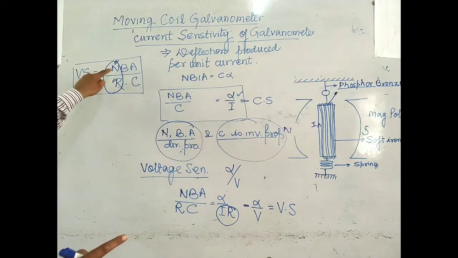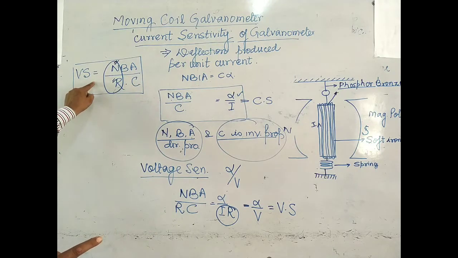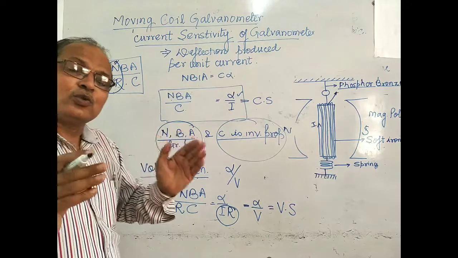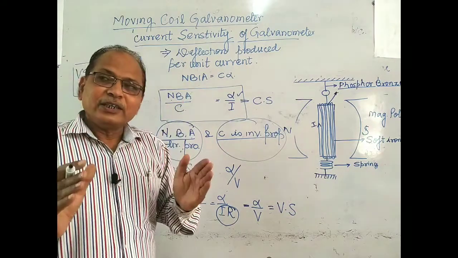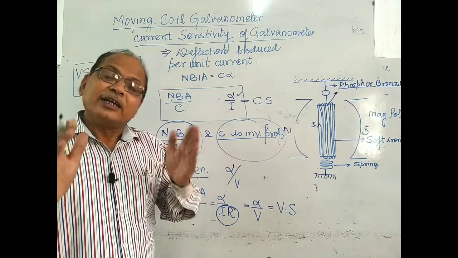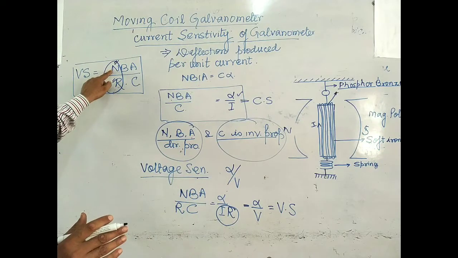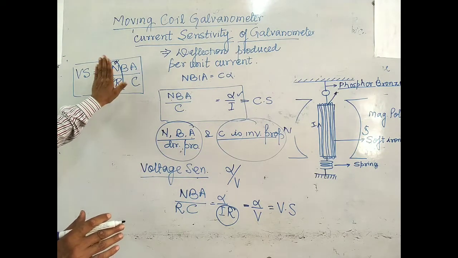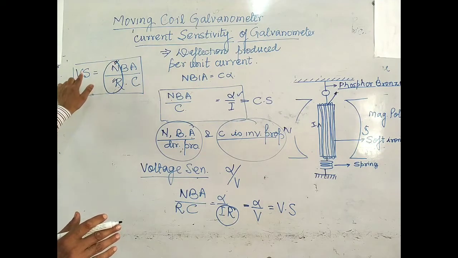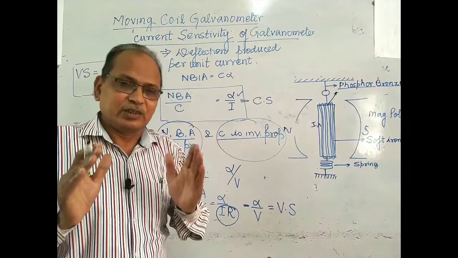Therefore, this question generally comes: on increasing the number of turns, the current sensitivity will increase, but the voltage sensitivity is independent of the number of turns, because resistance also increases.